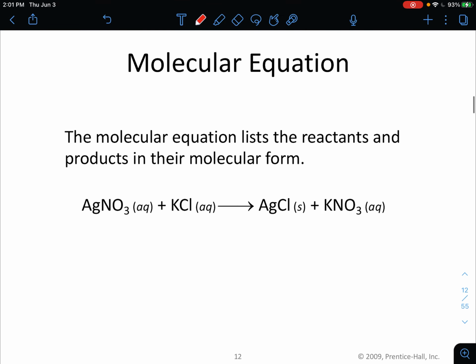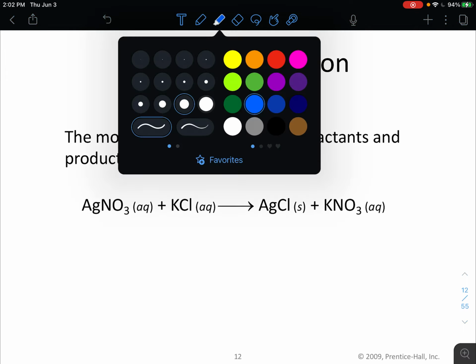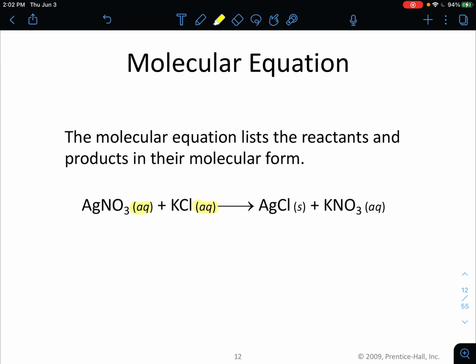So the main thing I want to do from here is follow the process of making a molecular equation into an ionic equation and then on to a net ionic equation. So what we're doing here is really going to apply to ionic compounds and ionic compounds in which it says AQ after them. So in this case, the silver nitrate, potassium chloride, and potassium nitrate, these are things that are going to break down 100% in our solution.